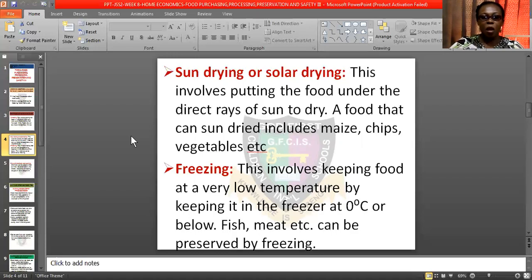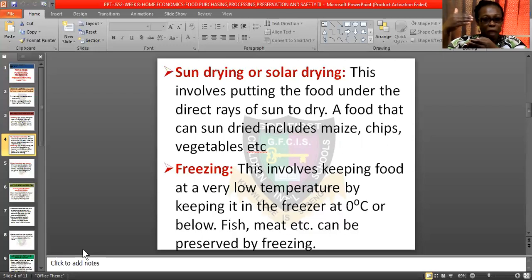Is that taken? All right, another one is freezing. Another way we preserve our food is by freezing it. This involves keeping food at a very low temperature by keeping it in the freezer at 0 degrees centigrade or below. Do you understand? Fish and meat can be preserved by freezing. You know, when you buy meat, you put it in a partition of the freezer.